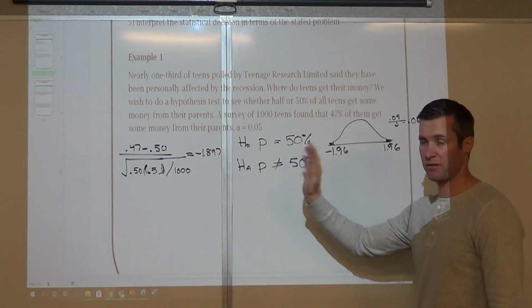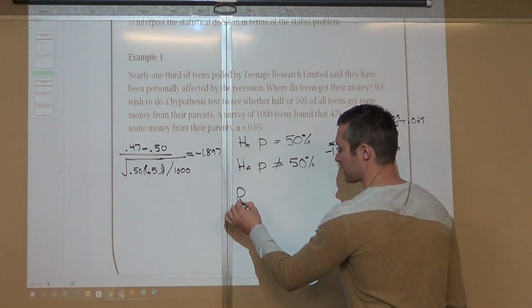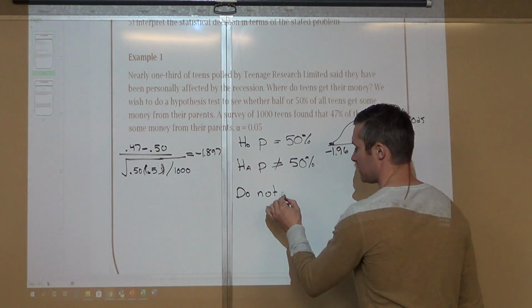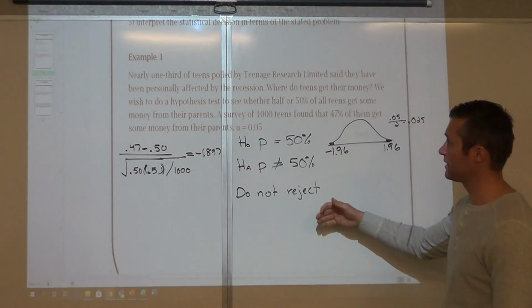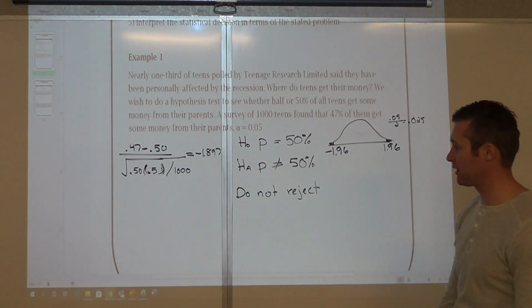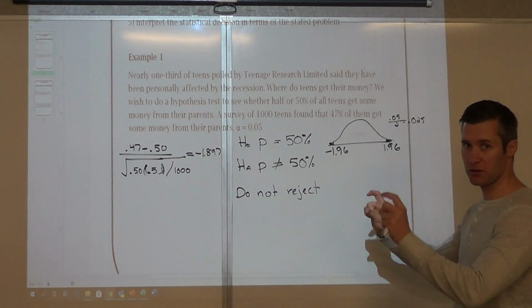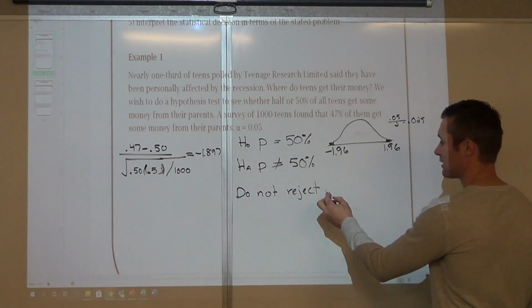So then I compare that to this value. Is it to the left of it? Is this value smaller than that? No, so we do not reject. Okay, so we wanted to test whether half or 50% of all teens get some money from their parents. We do not reject, saying there's no significant difference between the sample and what we got, so we'd say yes.